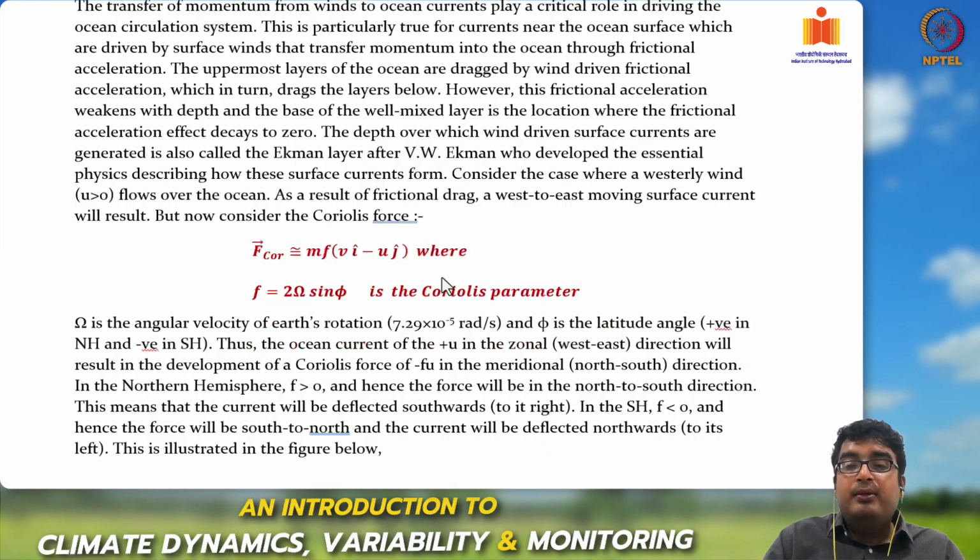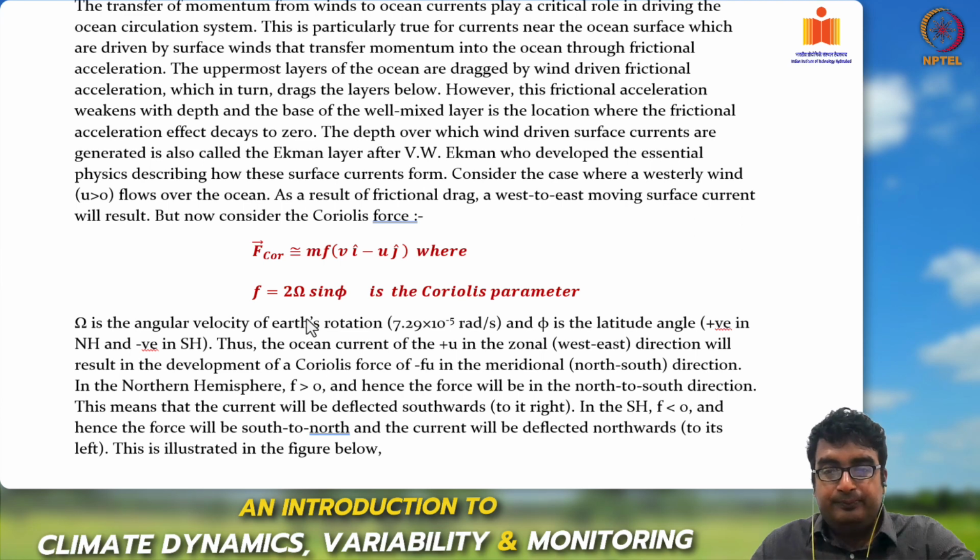If you remember, the Coriolis force is given by this expression here. The force is mass, here the mass of the water in question, into the Coriolis parameter, which is 2 omega sine phi, where omega is the Earth's rotation in radians per second and phi is the latitude angle, positive in the northern hemisphere and negative in the southern hemisphere.